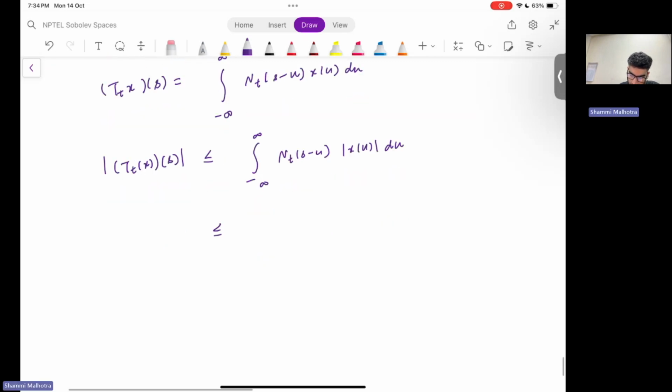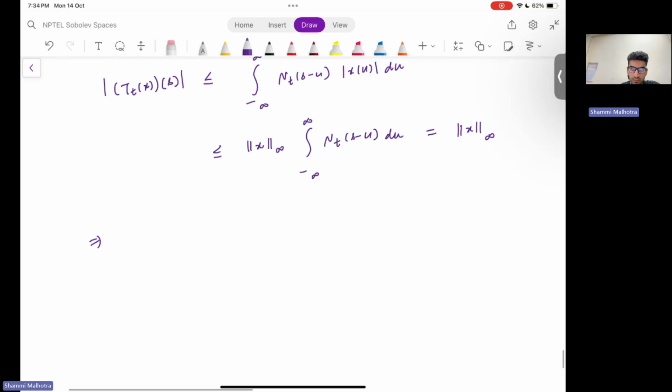This is all less than or equal to the L infinity norm of x times the integral from minus infinity to infinity of n_t(s minus u) du. But this integration is 1 only, so this is actually the L infinity norm of x.